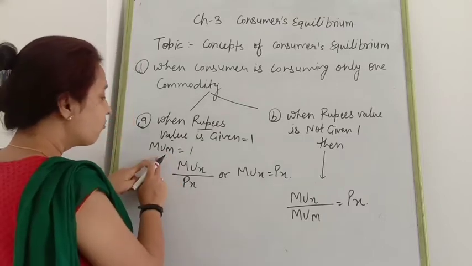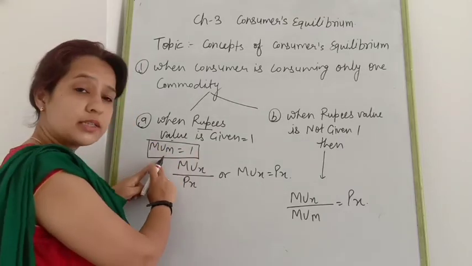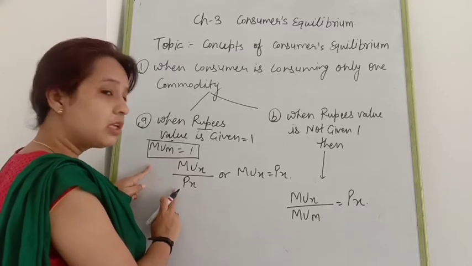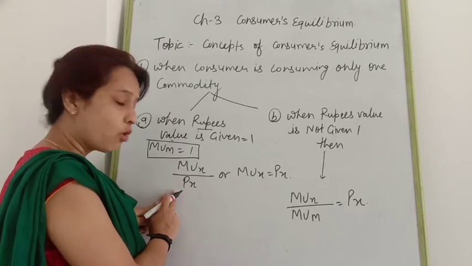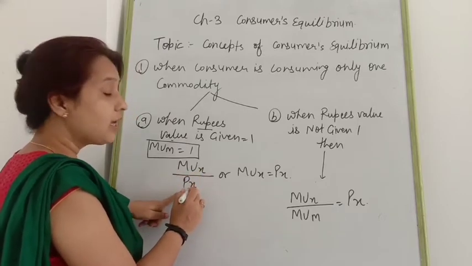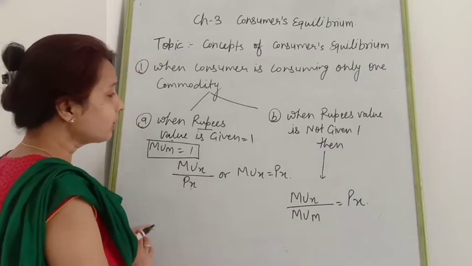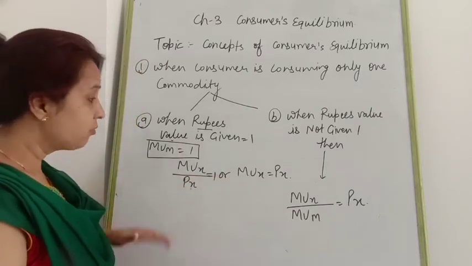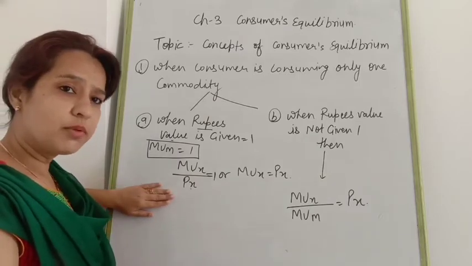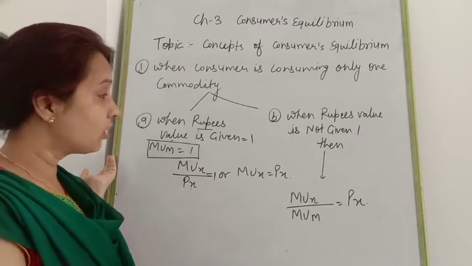It means when MUM is equal to 1, it is given in the question, then we can find the consumer equilibrium point from this formula, MUX divided by PX, or MUX equal to PX. Clear? From this formula, we are able to get the consumer equilibrium point, which I have already taught in my previous session.